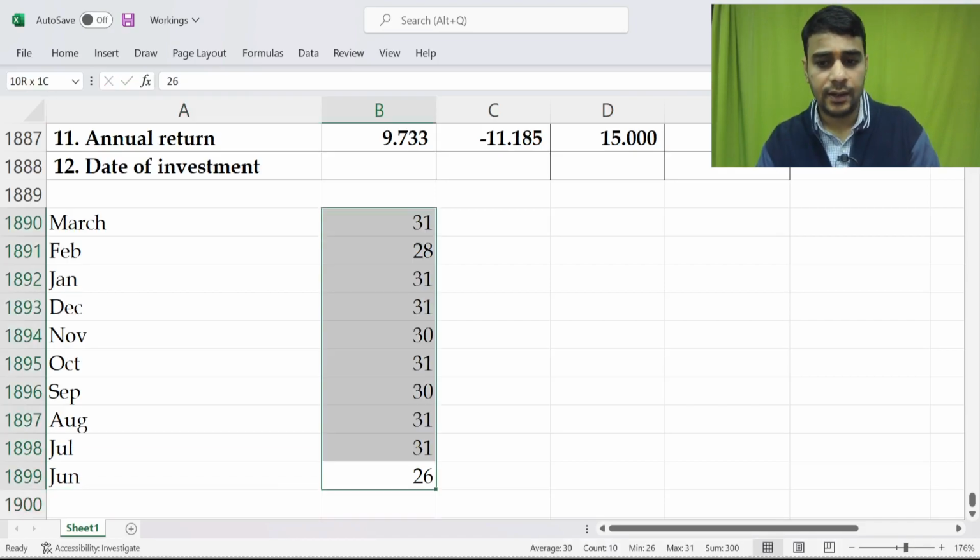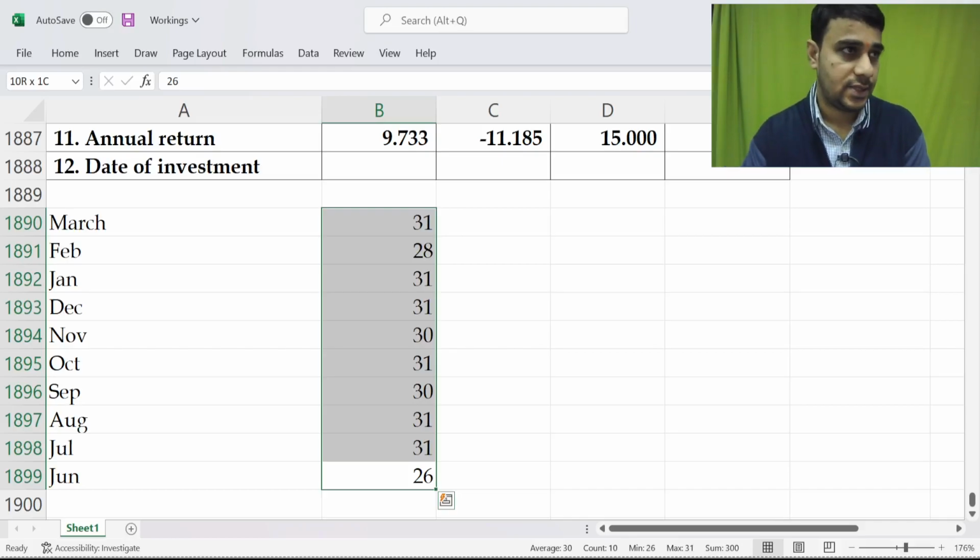I'll have to deduct 26 days in June. The date of investment is to be considered in the calculation. So I would have made the investment on June 5. If I consider 4, then 4 means 27 days, if you consider the date of investment. I'm taking the same assumption.